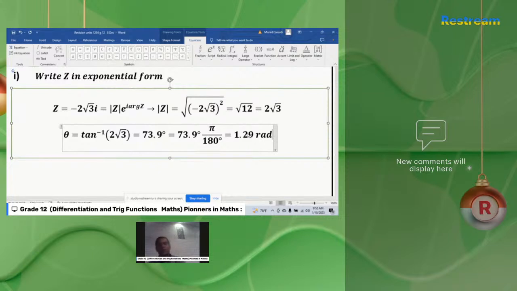Now I can write my equation. This is the angle, but you should know that minus 2 root of 3 i is in the fourth quadrant.